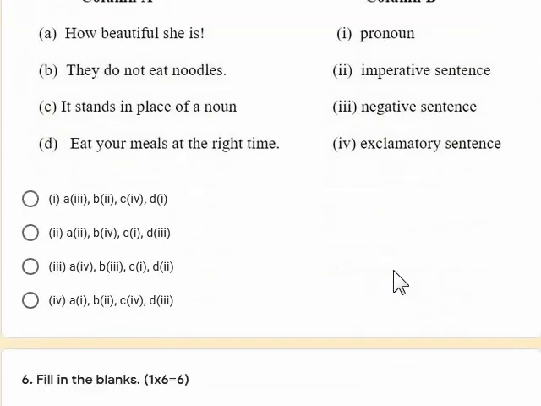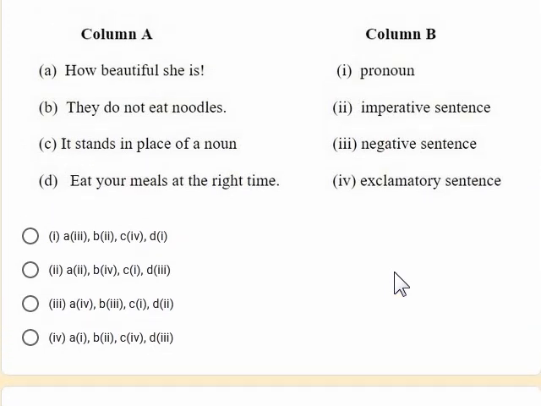Now let's see the next question. How beautiful she is. Well, what kind of sentence is it? As at the end of it there is an exclamation mark, and you can see also that it is showing a sudden expression. So it is an exclamatory sentence. So A4. Now, they do not eat noodles.